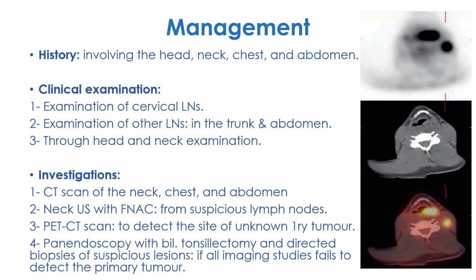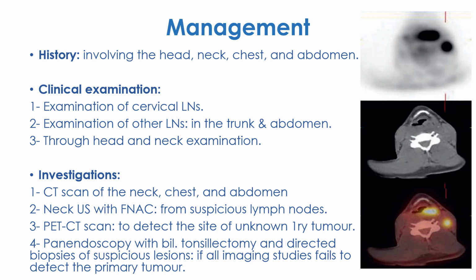And if all this fails to detect the primary tumor, then we will go for a PET CT scan, which is an interesting and quite advanced staging scan in which we use glucose-containing contrast, which will have very high uptake in the cancer tissue due to increased vascularity and increased metabolic activity.